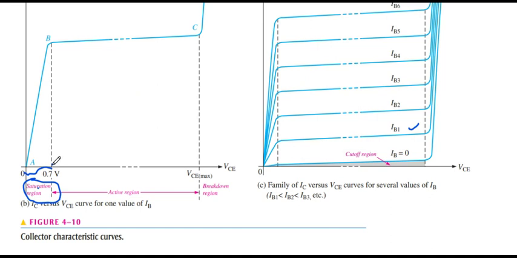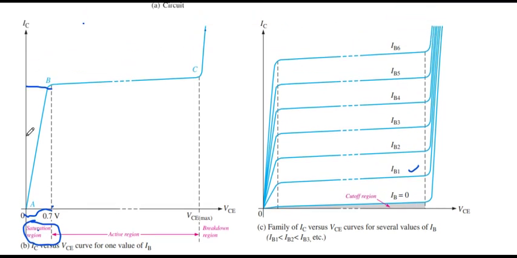This point is only VCC. On the other hand, I see this saturation region is from A to this point. All these values are IC from point A to point B. The IC is very high as compared to VCC or VCE.